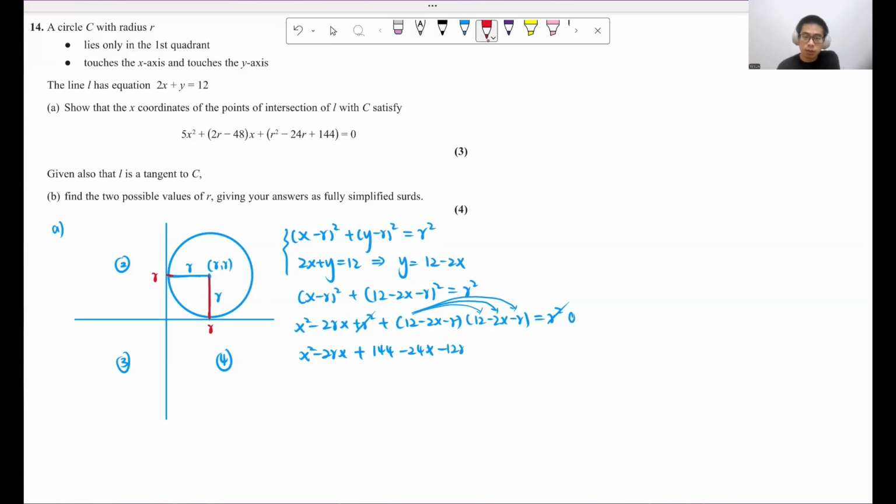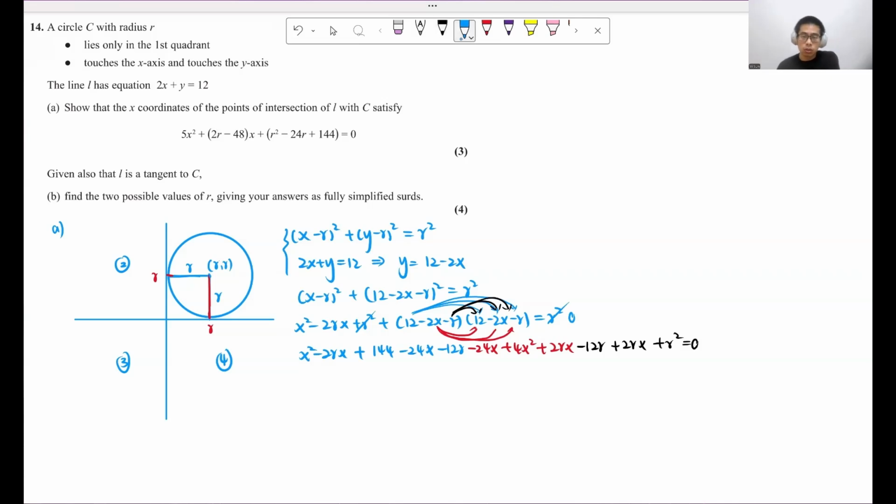For the second one, negative 2x times 12 is negative 24x, negative 2x times negative 2x is positive 4x squared, and negative 2x times negative r is positive 2rx. For the last one, negative r times 12 is negative 12r, negative r times negative 2x is positive 2rx, and negative r times negative r is positive r squared, equal to 0.